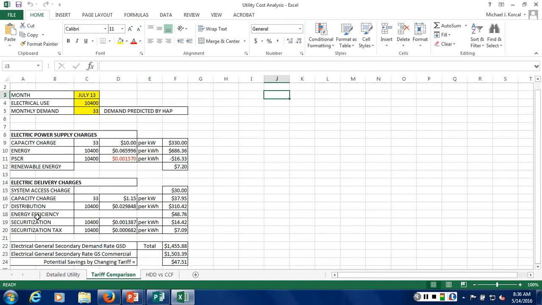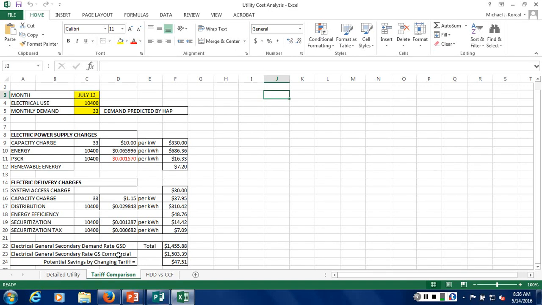Now, the customer that I was comparing with happened to be on a consumption bill. This is a demand-based bill. At the bottom, it rattled through all the numbers, and when it came down, the customer was paying the secondary rate commercial under the electrical general secondary.